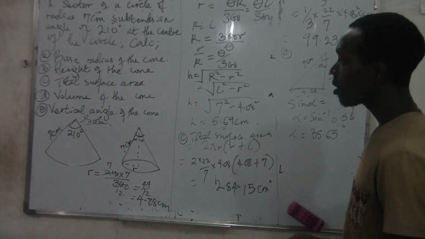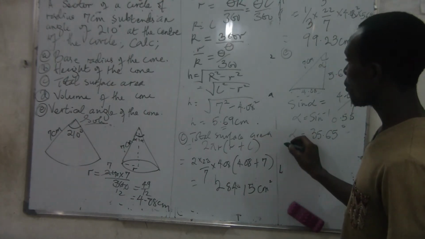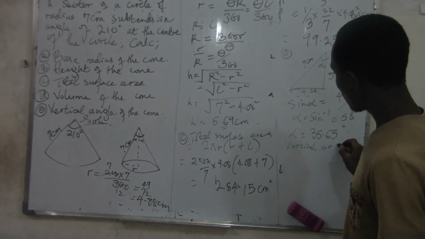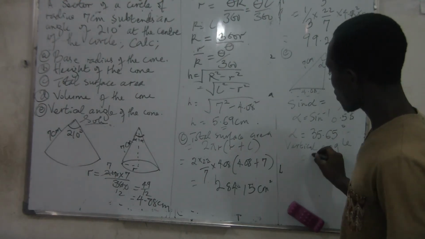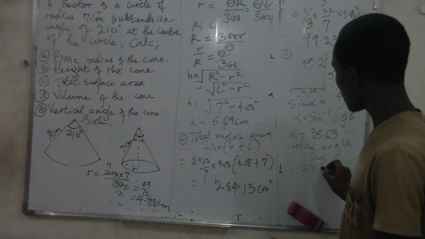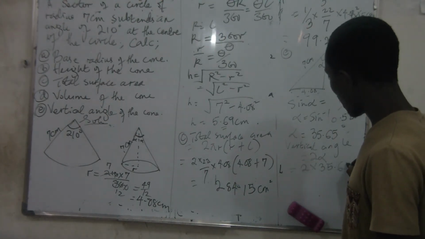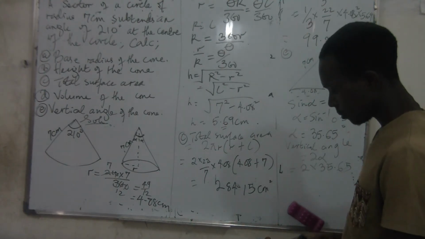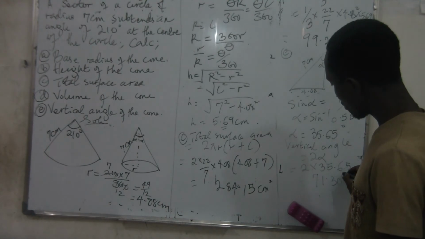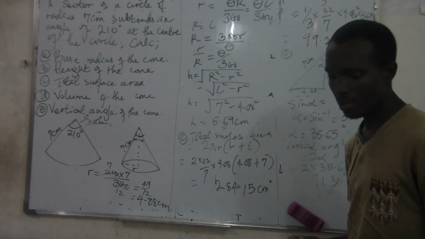Once we know alpha, the vertical angle is equal to 2 times alpha, which is 2 times 35.65. That will give us 71.30 degrees as our answer.